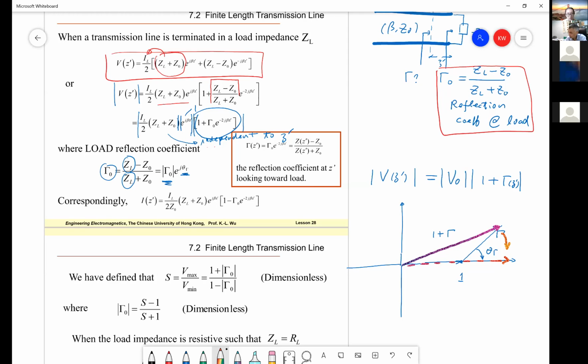And once this vector rotates to the other side, it has the same length. So once this vector rotates here, this is my, oh, sorry.